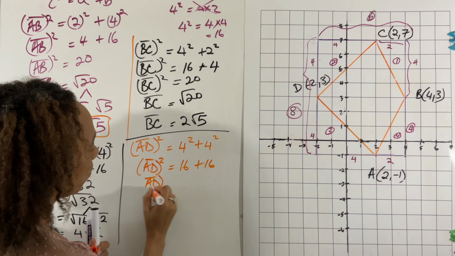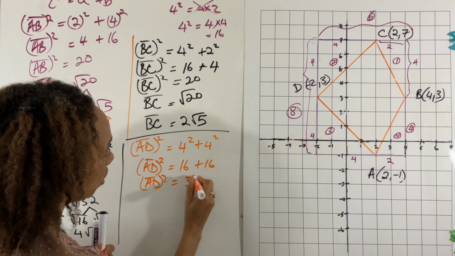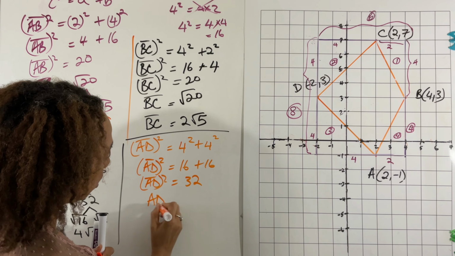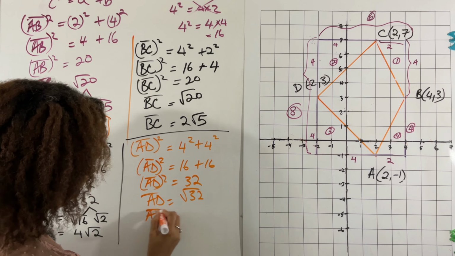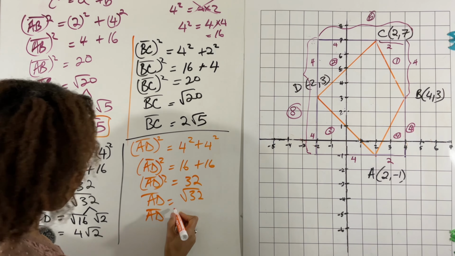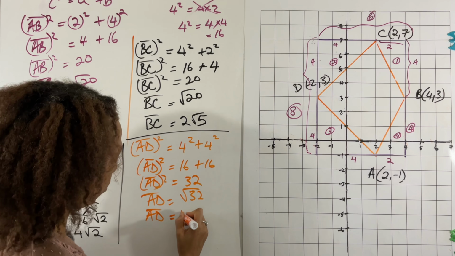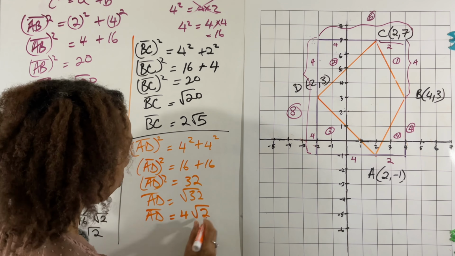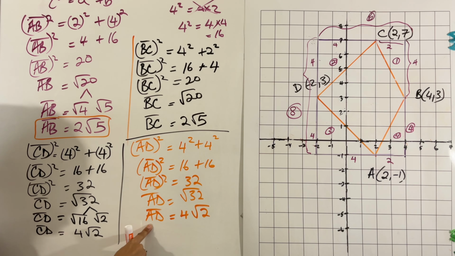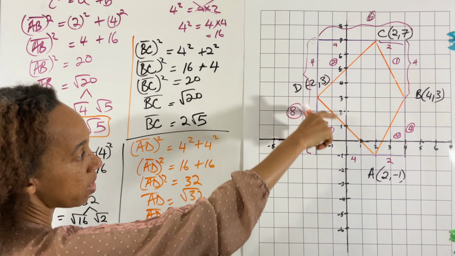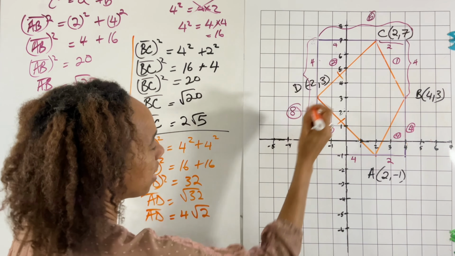AD square is going to be 32. So segment AD is going to be radical 32, which is the same as over here for segment CD, which is equal to 4 radical 2. However, we can say that segment CD and AD are the same measurement, they are congruent, all right?